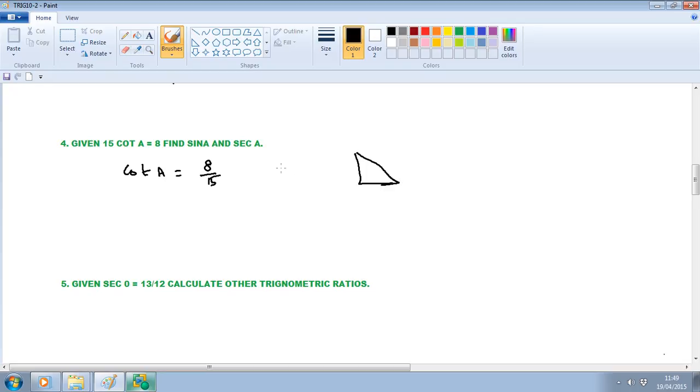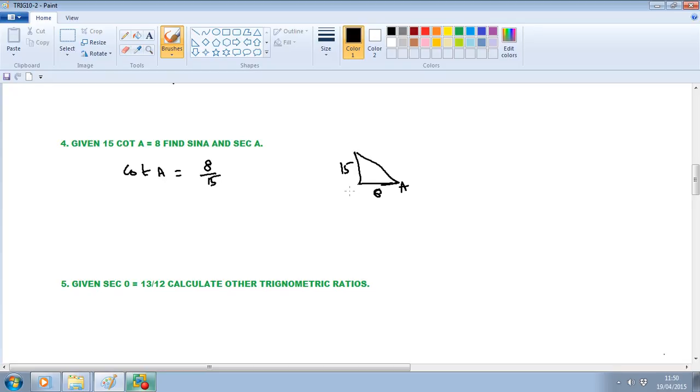A small diagram will do. Cot A is equal to 8 by 15. So this is A, and this is 15. Adjacent by opposite is the cot A. He's asking us to find the third side.